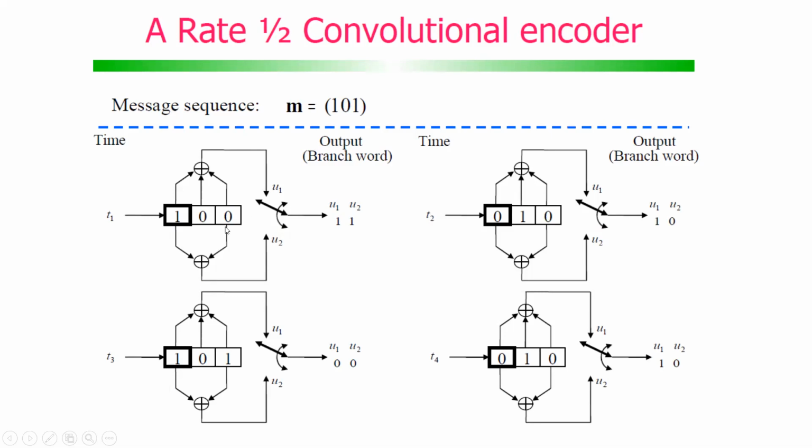And how do we find the next state? You will have to move this 1 to the second position, and the 0 at the second position will go to the third position. The third position 0 will go out. That will be the next state. So the next state will be 1, 0.